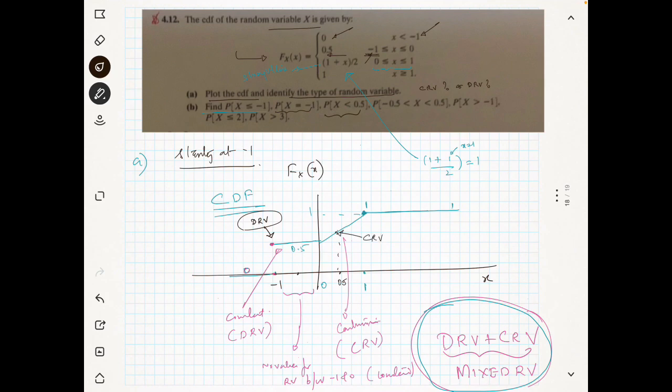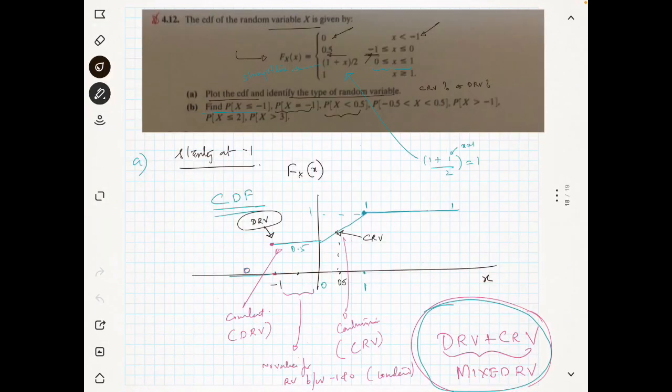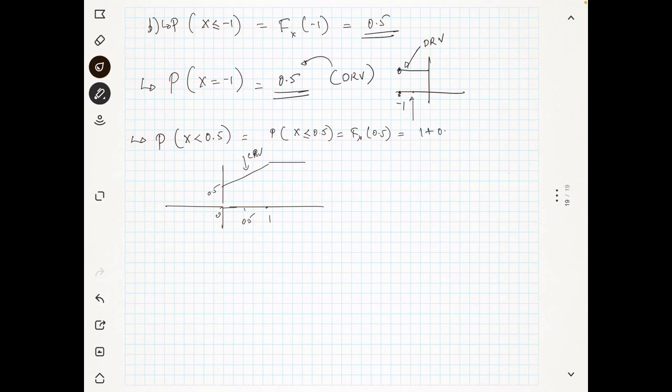You can see this part is showing a continuous part. Between 0 and 1 you are having 0.5, and this part is showing a continuous random variable. For the continuous case, the probability that x is less than 0.5 is the same as the probability that x is less than or equal to 0.5. It is nothing but Fx of 0.5, and Fx of 0.5 has been given in the problem as 1 plus x by 2. So it is 1 plus 0.5 divided by 2, and you will get the answer as 0.75.